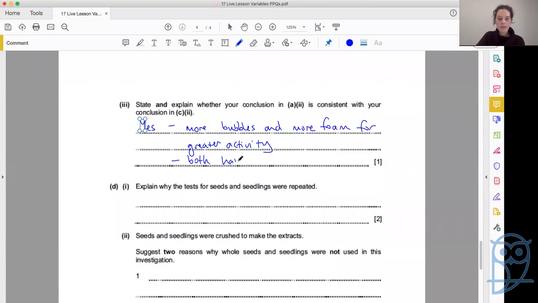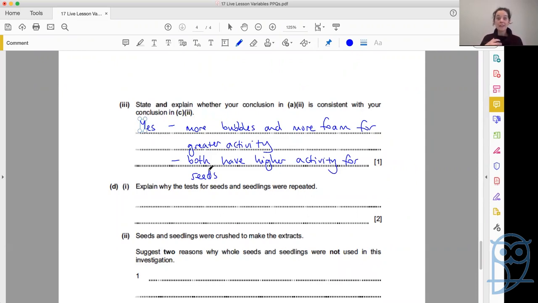Both have higher activity for seeds. Again, I'm writing bullet points, little notes. In an exam, you write this into beautiful sentences, and you include all the magic words that you need in order to make it make sense. That is now the end of A part 2.